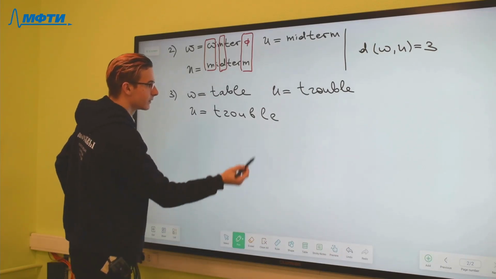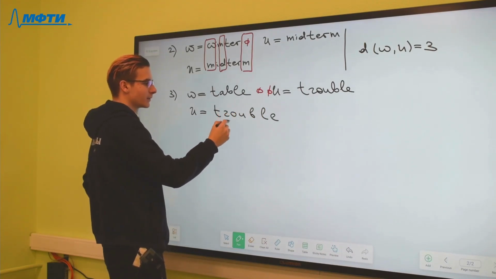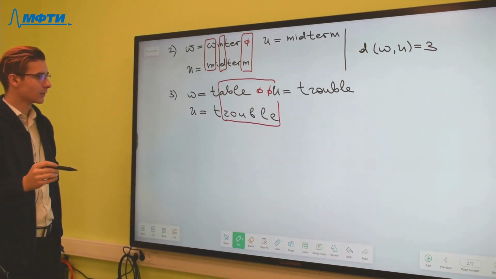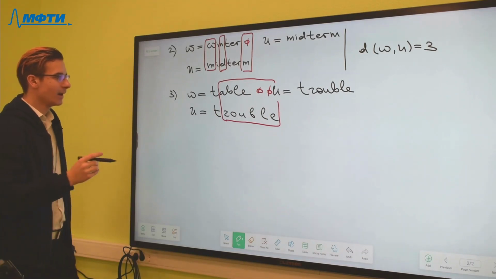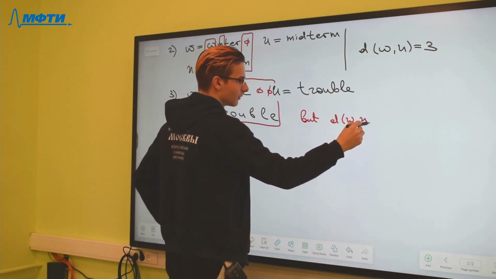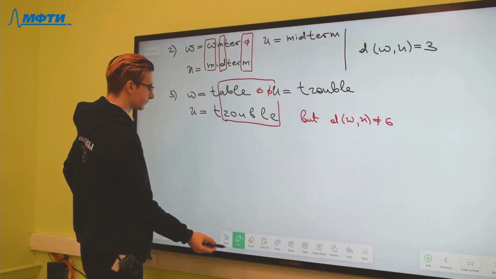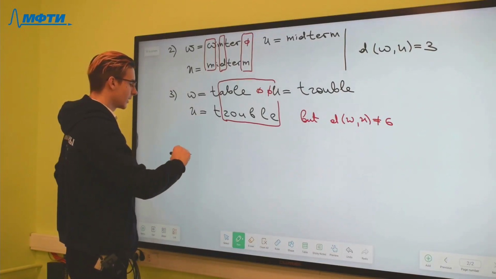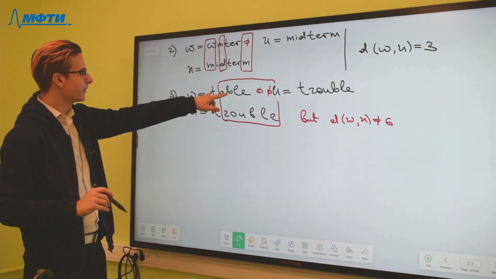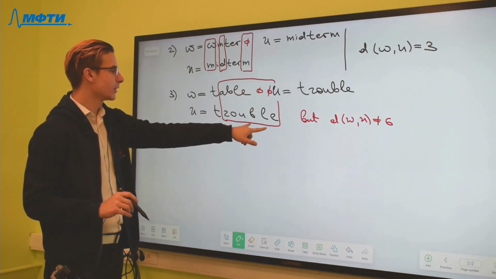And we find that the number of characters in which they differ is equal to 6. But the distance between these two words is not equal to 6, because we can see that if we shift these 3 characters here, they will be equal to these 3 characters.